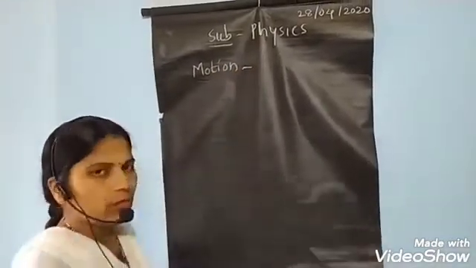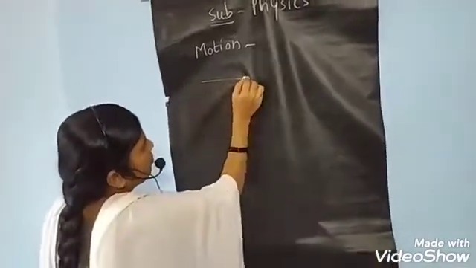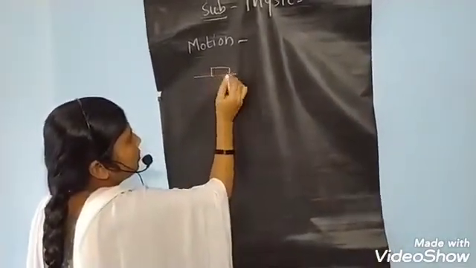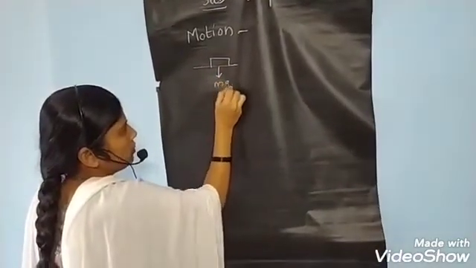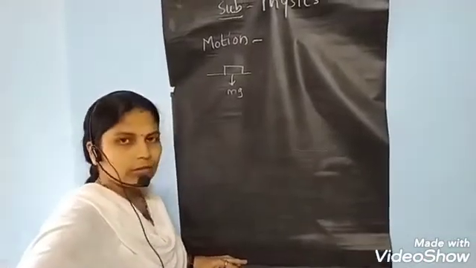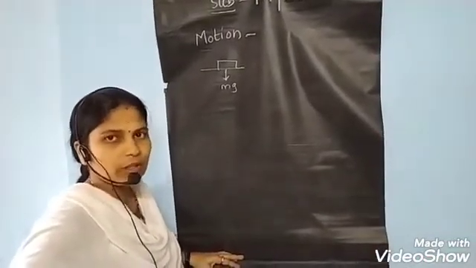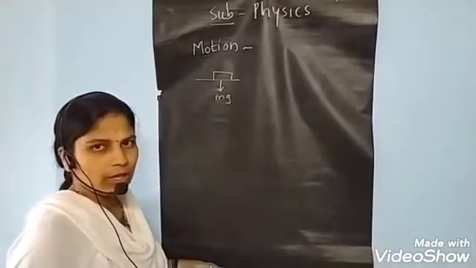If we consider a body which is at rest, say a block kept on the table, its weight is acting in the downward direction. Weight is nothing but mg, and this weight is balanced by the upward component, the normal reaction.